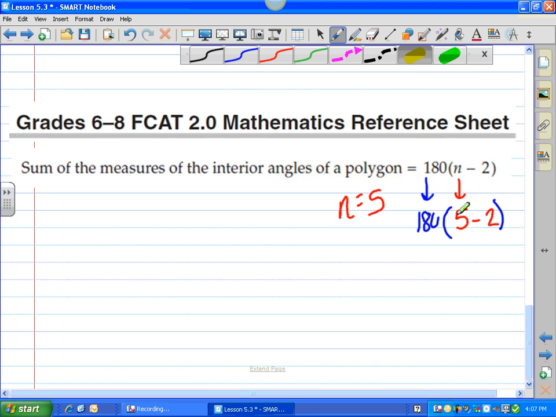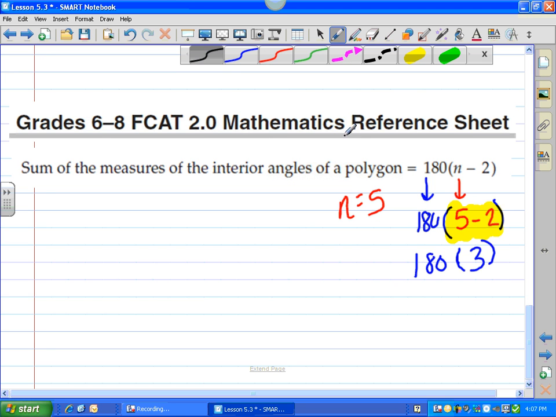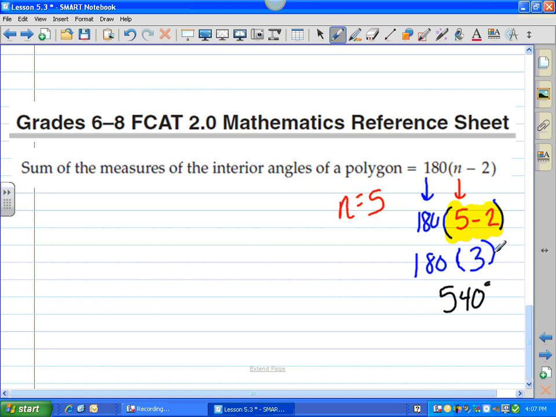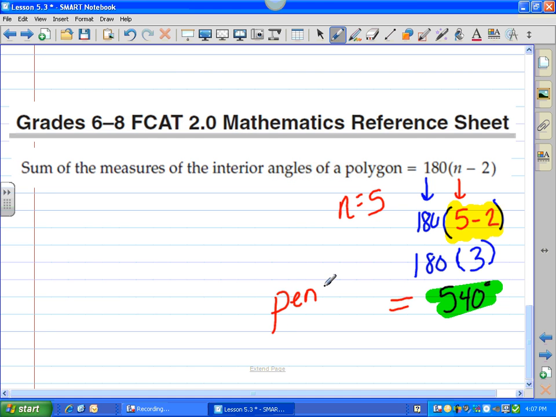Remember, due to order of operations until the Cubs win the World Series, so I have to do what's inside the parentheses first. 5 minus 2 gives me 3. 180 parentheses 3 means 180 times 3. When I multiply that out, I get an answer of 540 degrees. So there are 540 degrees in any 5-sided polygon or any pentagon.